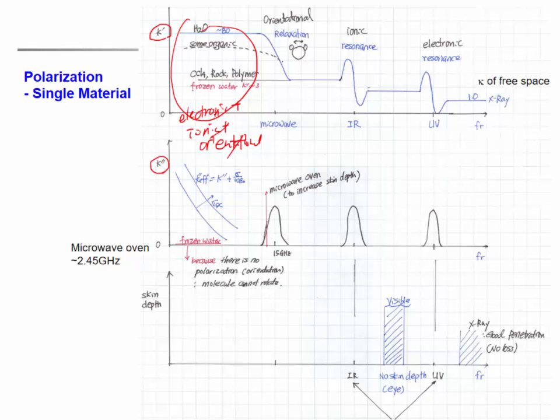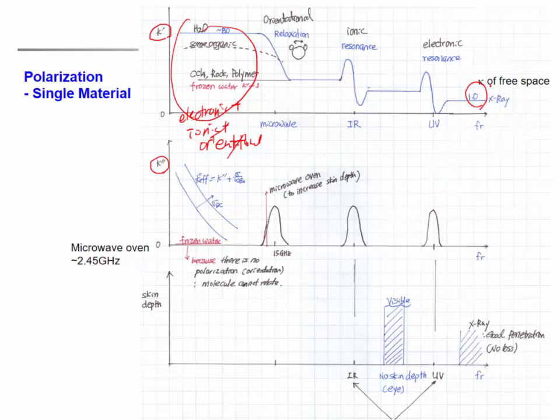So you are left with only the electronic polarization in this frequency. And when the frequency is larger than this electronic polarization resonance frequency, then you have only a relative permittivity of 1. That's for free space. So now you are not polarizing anything in this frequency. Right?